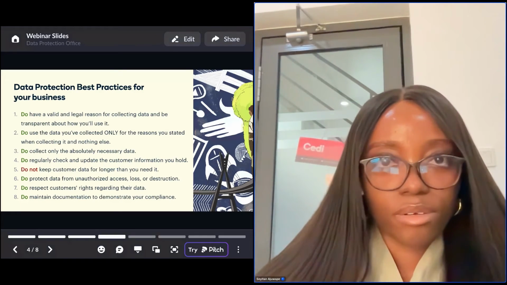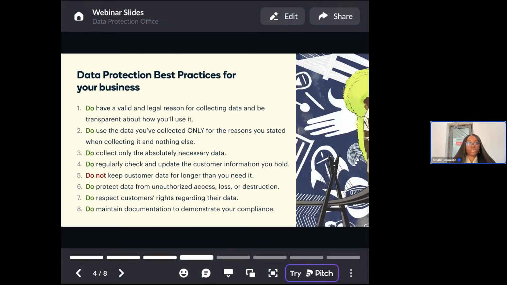Right, so the third point, collect only the absolutely necessary data. So don't collect data because you think you might need it in the future. Collect data that is relevant to the purpose for which you're processing that data.